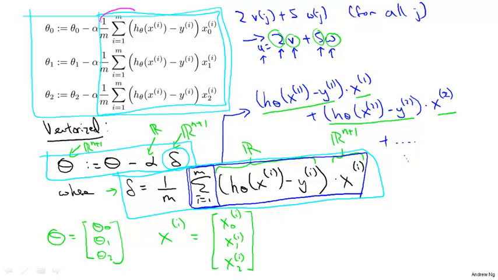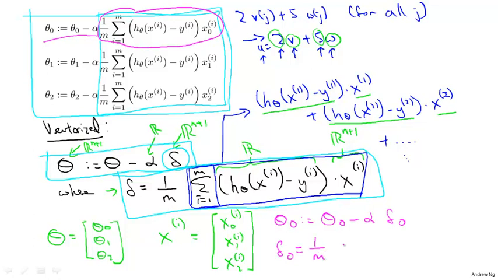Just to be clear, if you look at the first element of this update, theta 0 gets updated as theta 0 minus alpha times delta 0. And if you look at this definition of delta, you should prove to yourself that delta 0 is actually equal to 1 over m, sum from i equals 1 to m, of this thing, h theta of xi minus yi, times xi 0.